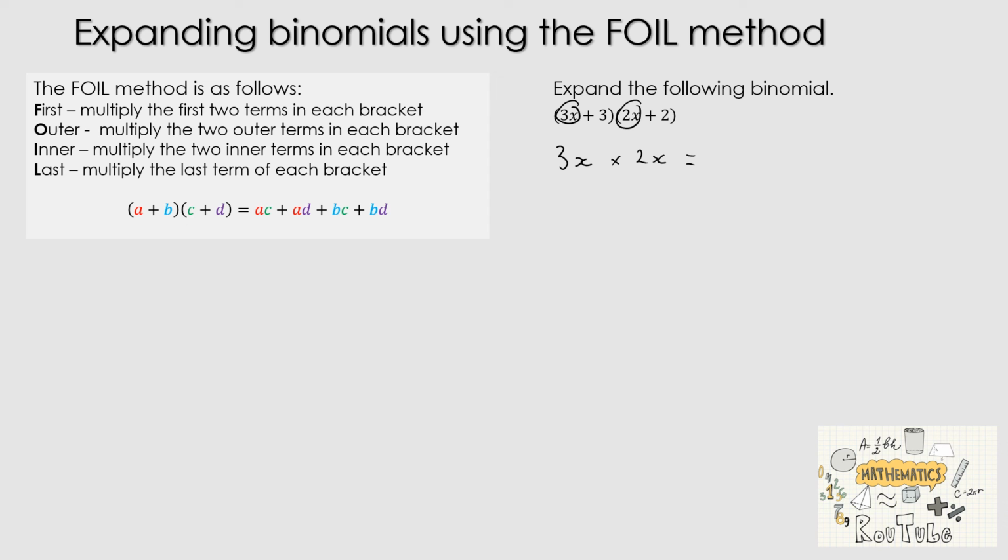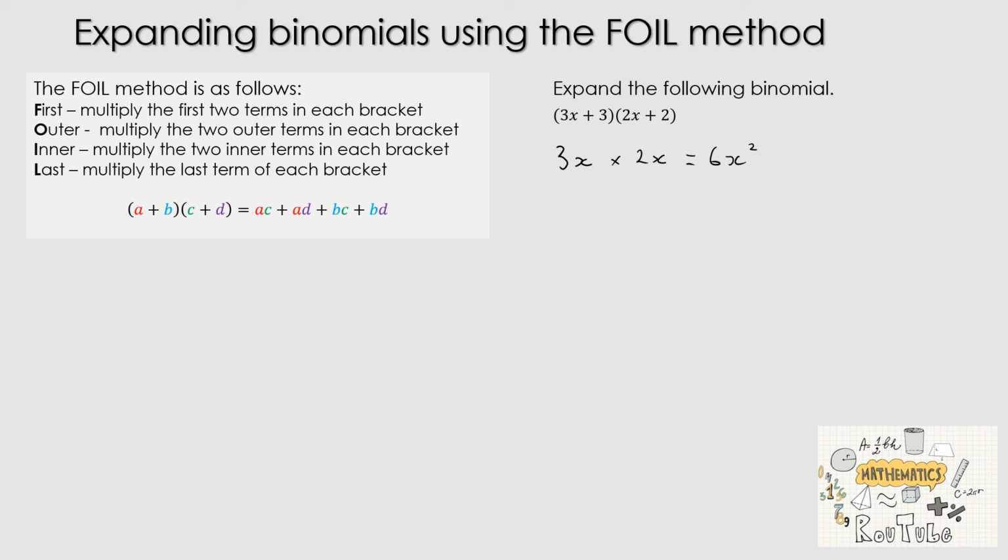Okay, hopefully you can identify that that's 6x to the power of 2. So multiply the coefficients, so 3 times 2 is 6, and then x times x gives you x squared. Now x plus x gives you 2x. Okay, so it's really important to know the difference between x plus x and x times x. Okay, so we've done F.